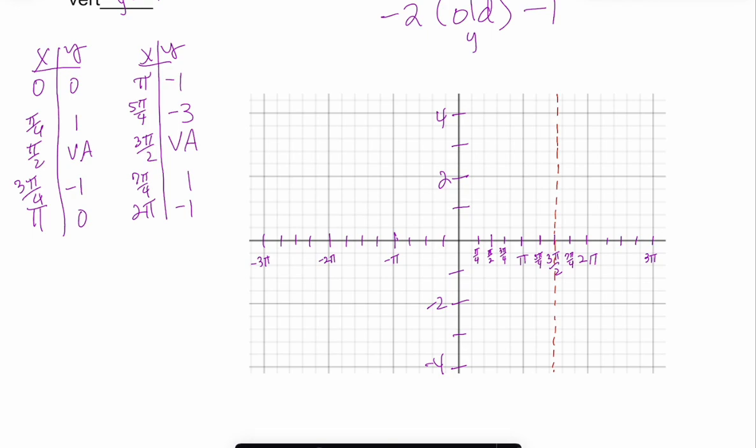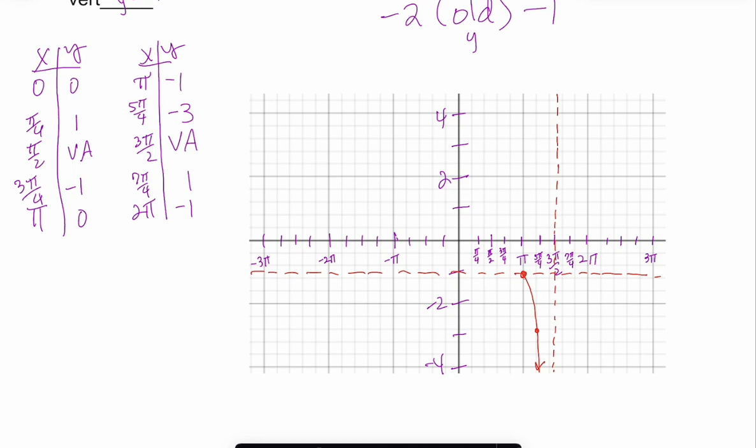So let's put our midline on. There's a midline here at -1. So at pi, we are on the midline. And then we go down to -3. So that's our cubic part that's going down. Anything below the midline is our cubic going down.